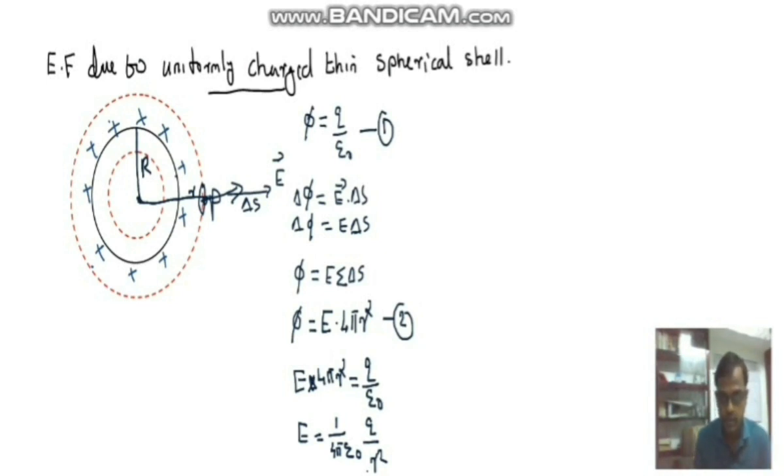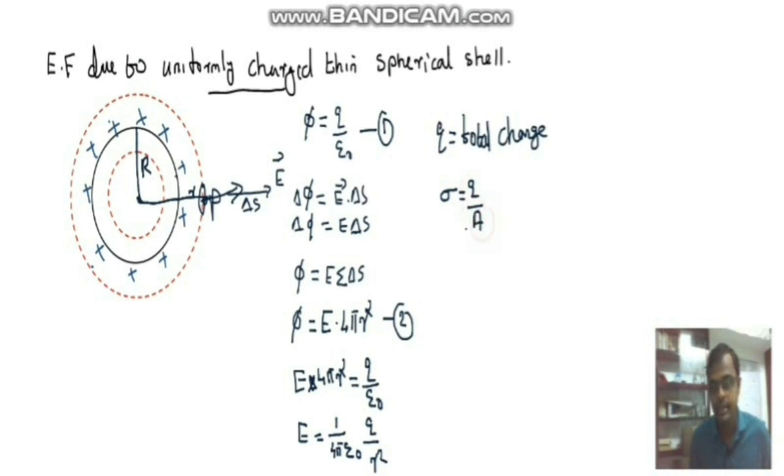Now in this equation we can substitute for Q. What is Q here? Q is the total charge. The total charge is distributed on a surface, so we can use the term surface charge density sigma, which is equal to charge per area.